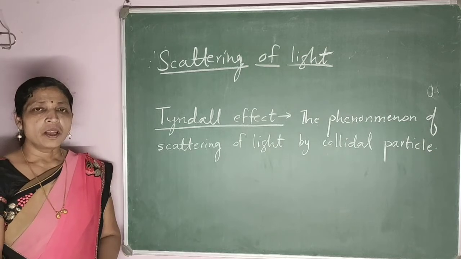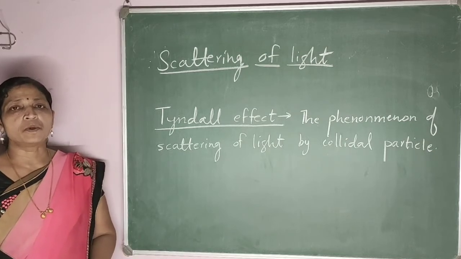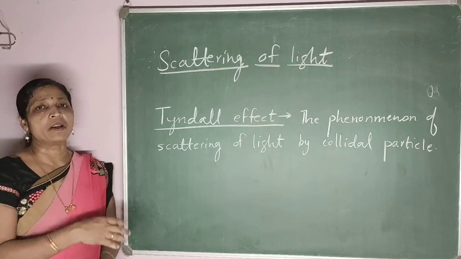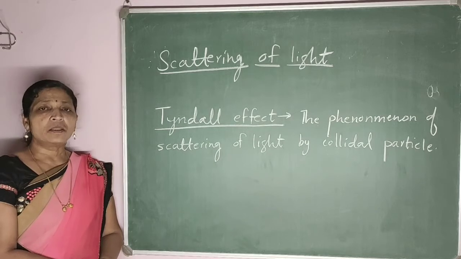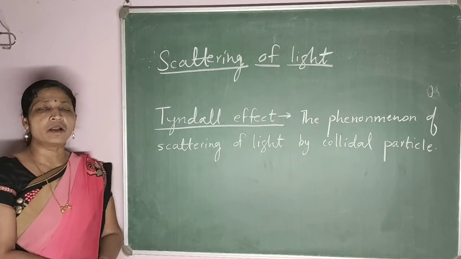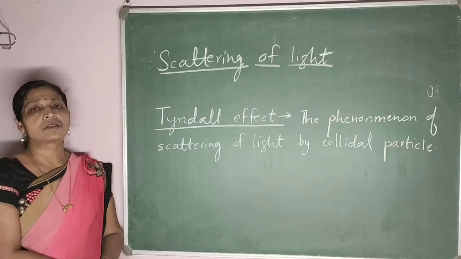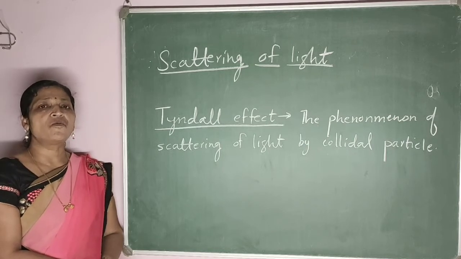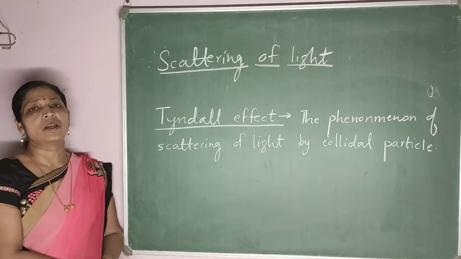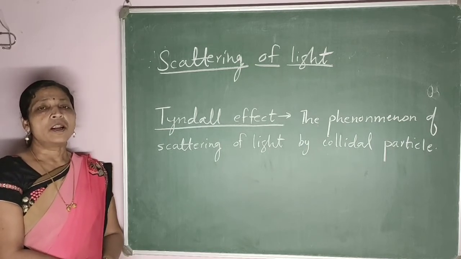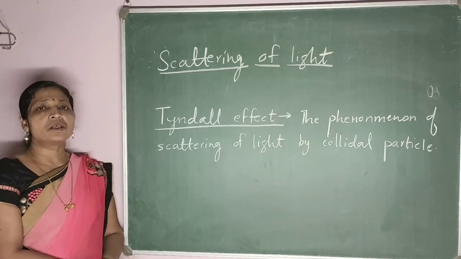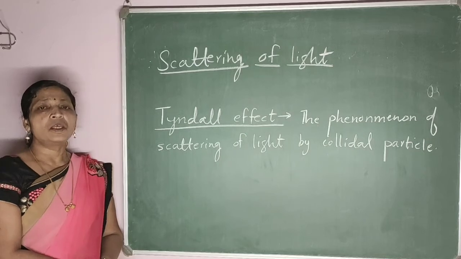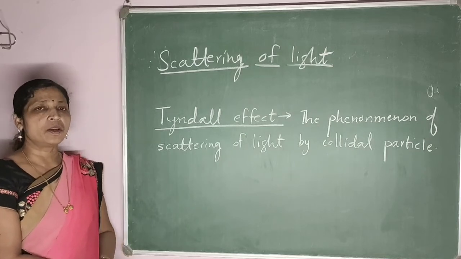When the sunlight enters the atmosphere, it strikes these particles, and these particles redirect the light in all directions. Or you can say these particles reflect this light diffusely, and due to that the light reaches our eyes and we are able to see the rays of light. This is known as scattering of light.